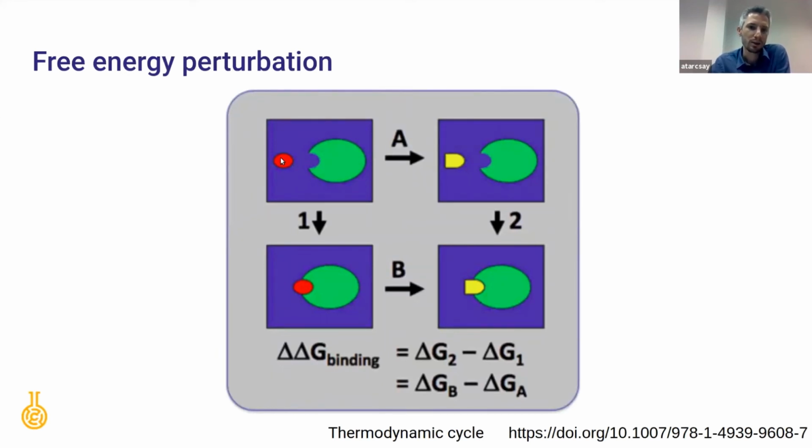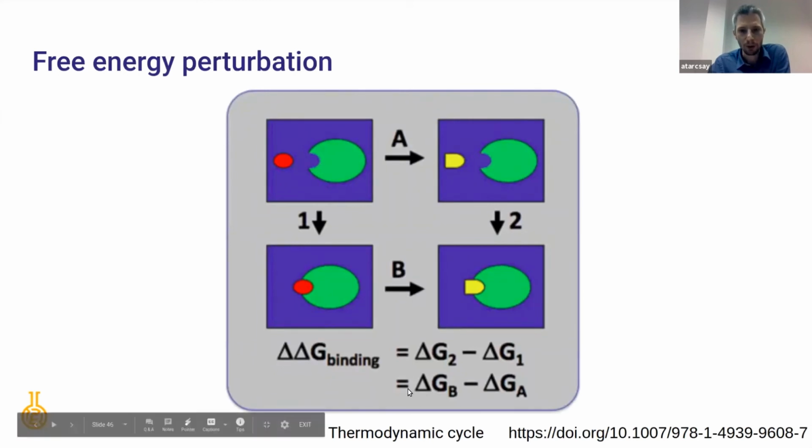You simulate the system when it's not interacting with the protein, both the starting molecule and the final molecule. And you do the very same with the protein ligand complex. And from the delta GB minus delta GA, you can calculate the delta G binding of the molecule.